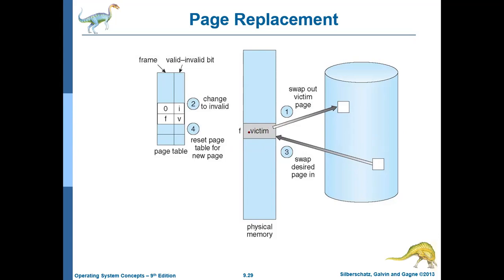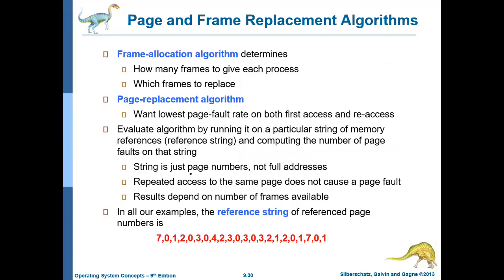So if this particular victim is changed from its actual value, then you need to write this on the secondary storage, and only then can you copy your content from secondary to primary. This is the normal method we are going to follow.